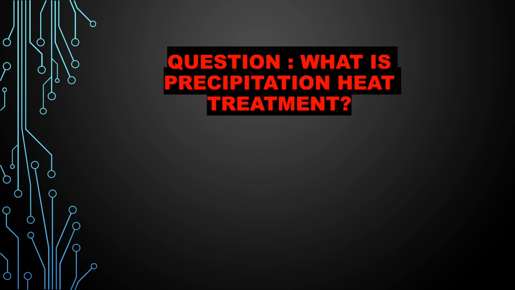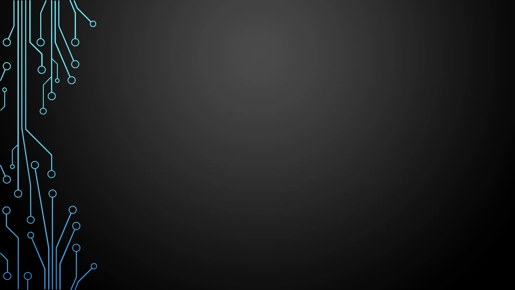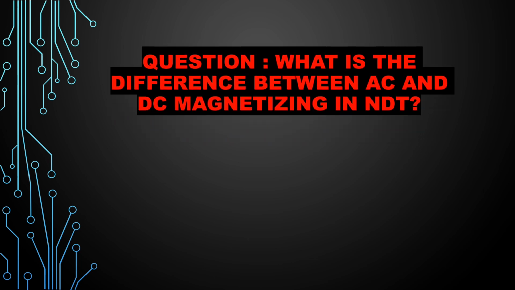Question. What is precipitation heat treatment? Answer. Aluminum heat treating where it's heated plus quenched, then reheated and held for a period. Question. What is the difference between AC and DC magnetizing in NDT?